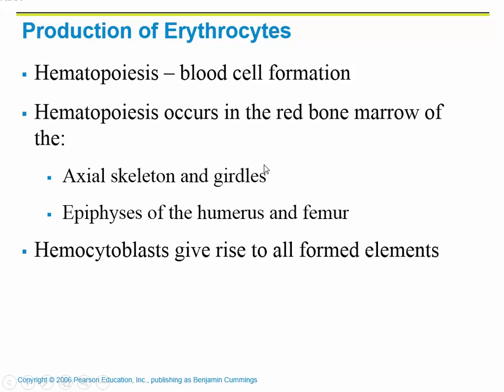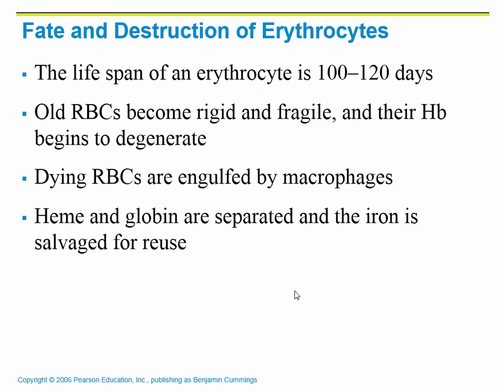It's in your axial skeleton and the girdles, those are your shoulder girdles and your pelvic girdles, and then at the epiphyses of some long bones. Hemocytoblasts are what give rise to all formed elements. So that means that hemocytoblasts are going to give rise to red blood cells, white blood cells, and platelets.